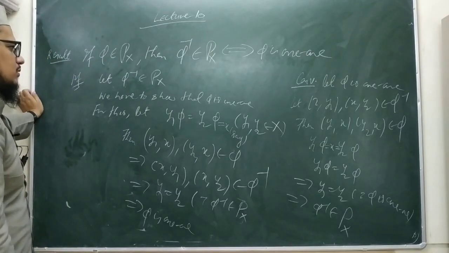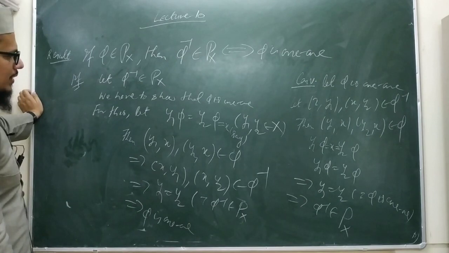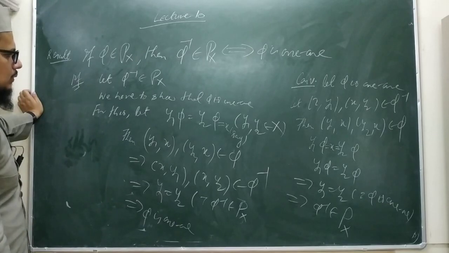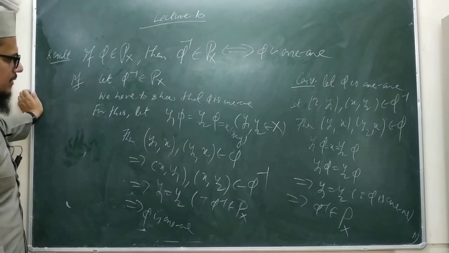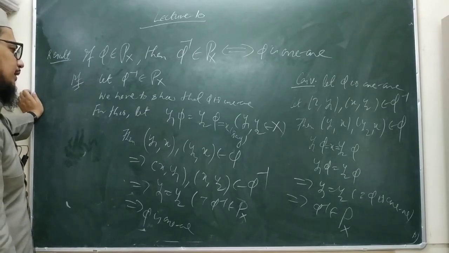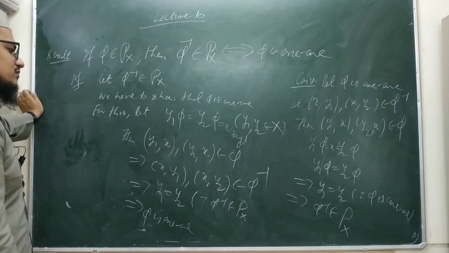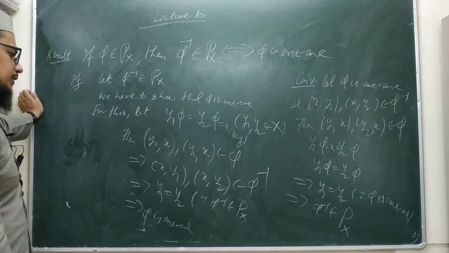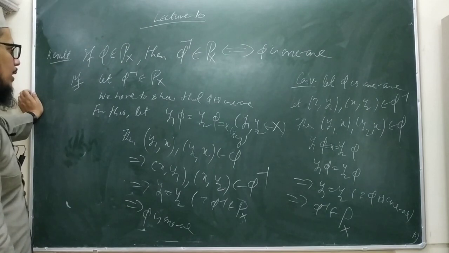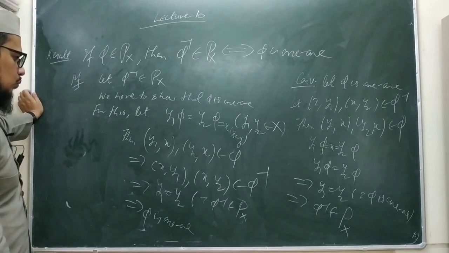We have to show that phi is 1-1. y1 phi is equal to y2 phi, equal to x. So y1, x and y2, x both belong to phi. So x, y1 and x, y2 belong to phi inverse. It implies that y1 equals y2.